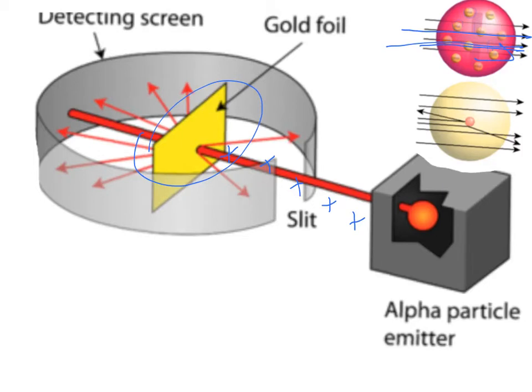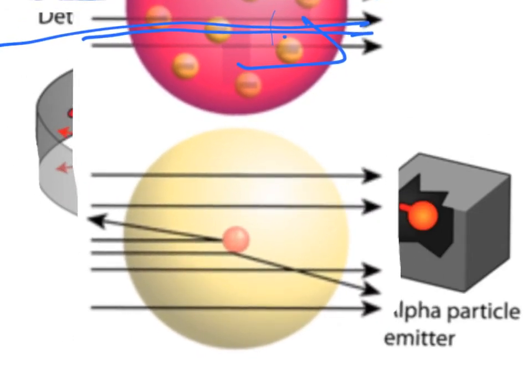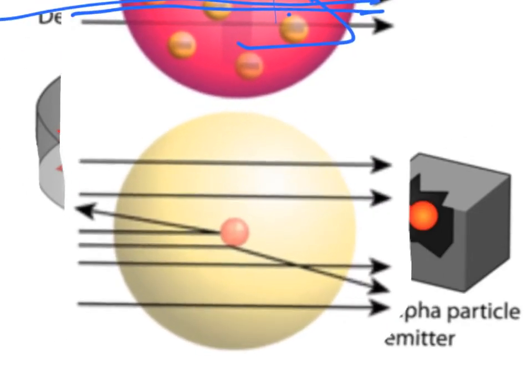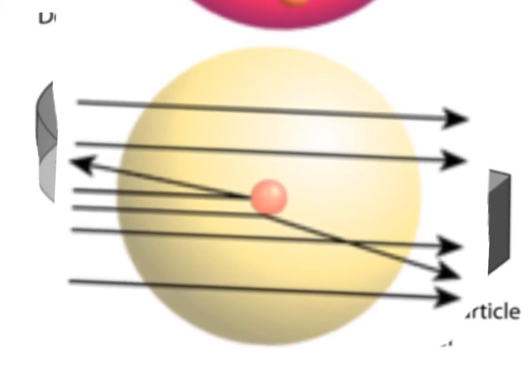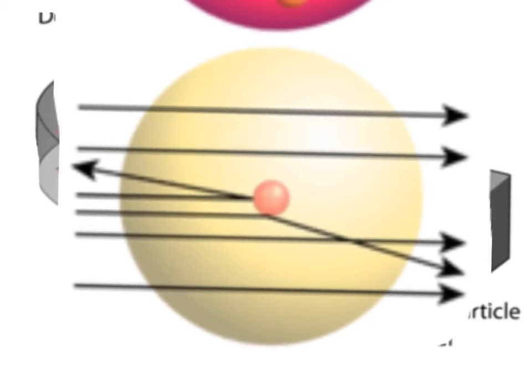Every so often, the alpha particles would ricochet back. This led Rutherford to conclude that the model of the atom was more like this, where you had a center nucleus, which was positively charged, and electrons all around.